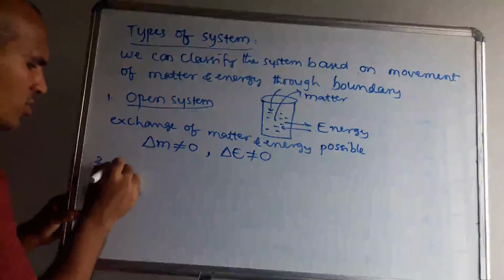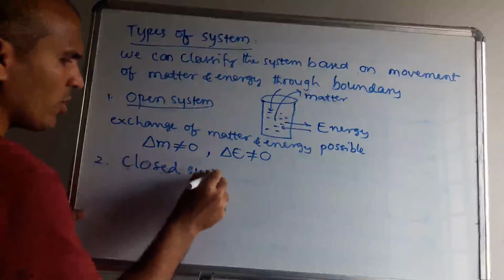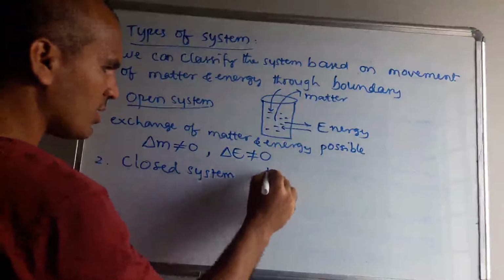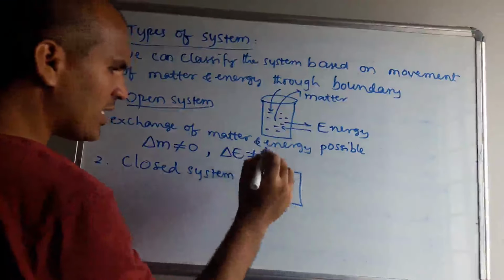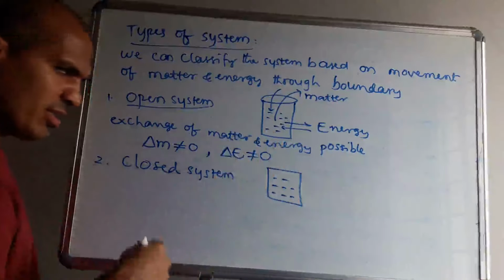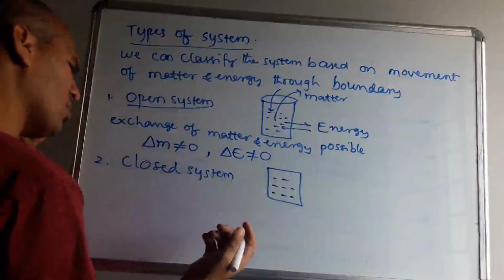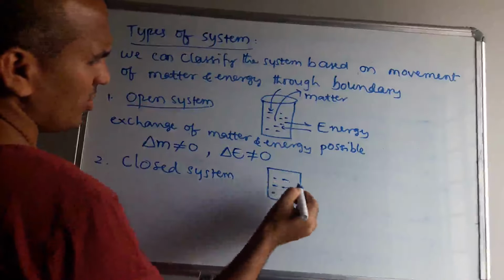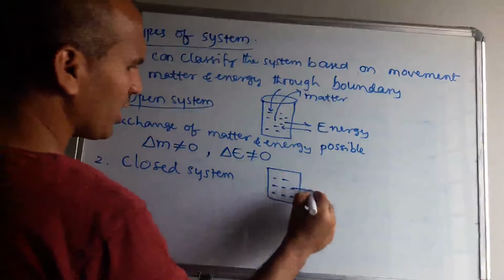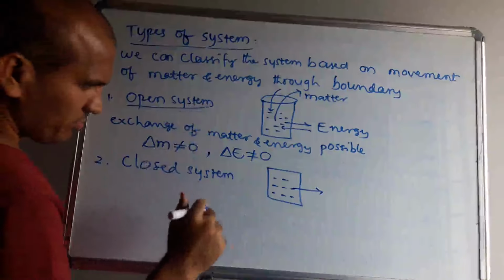The second one is the closed system. In a closed system, there is no gap. Some matter is present in it, any reactant mixture, or maybe only water, there is no problem. Energy can be exchanged. Now consider a water bottle closed with a cap.